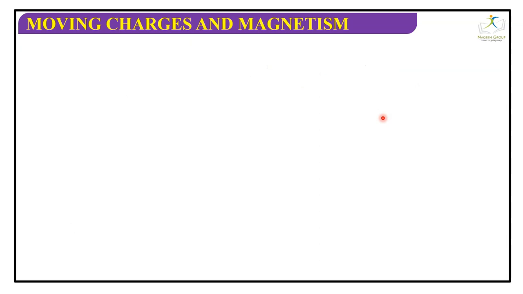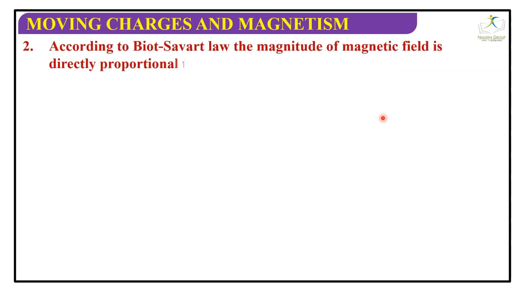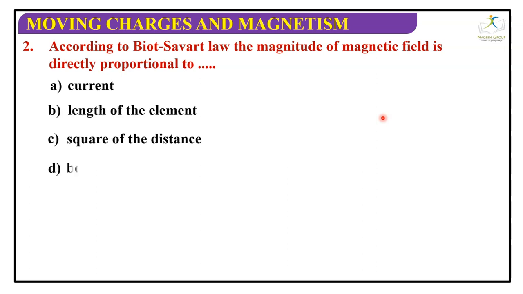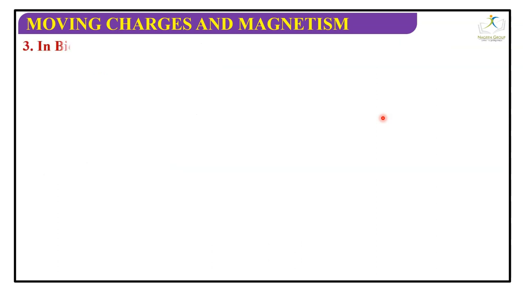The correct option will be A. Next, according to the Biot-Savart law, the magnitude of the magnetic field is directly proportional to what? We have these options. In the formula of Biot-Savart law, it is the current and the length element.